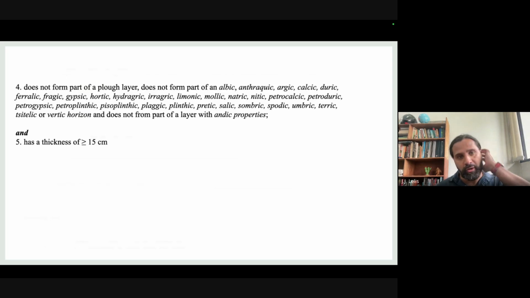Okay, so I cannot call a section of the soil a cambic horizon and a anthraquic horizon, an anthracic horizon, an argic horizon, a calcic horizon, a duric horizon, ferralic, fragic, gypsic, hortic, hydragric, limnic, mollic, natric, nitic, petrocalcic, petroduric, petrogypsic, petroplinthic, pisoplinthic, pedalic, plinthic, pretic, salic, sombric, spodic, umbric, terric, stellic, or vertic horizon, and it does not form part of a layer with andic properties.